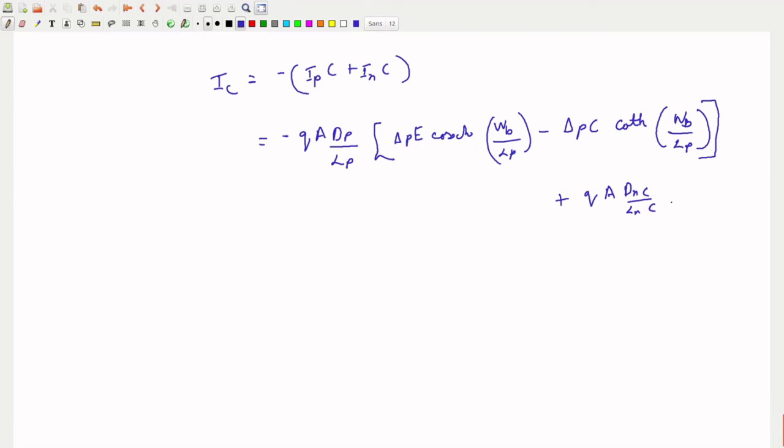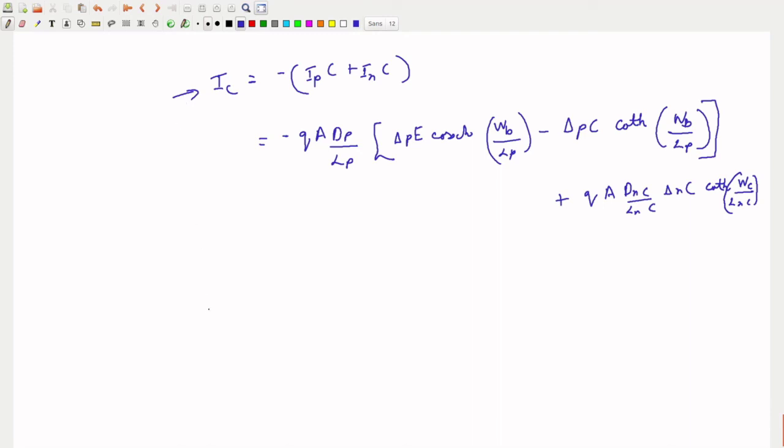Here the C denotes the collector side. Delta NC coth WC by LNC. This is the collector current.